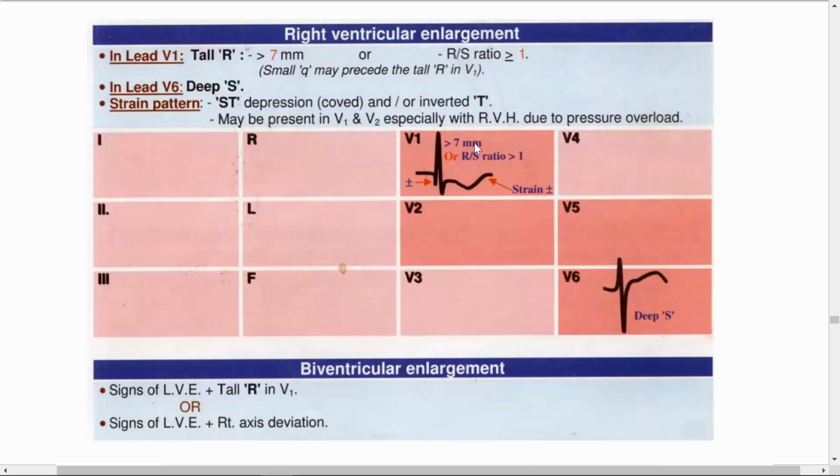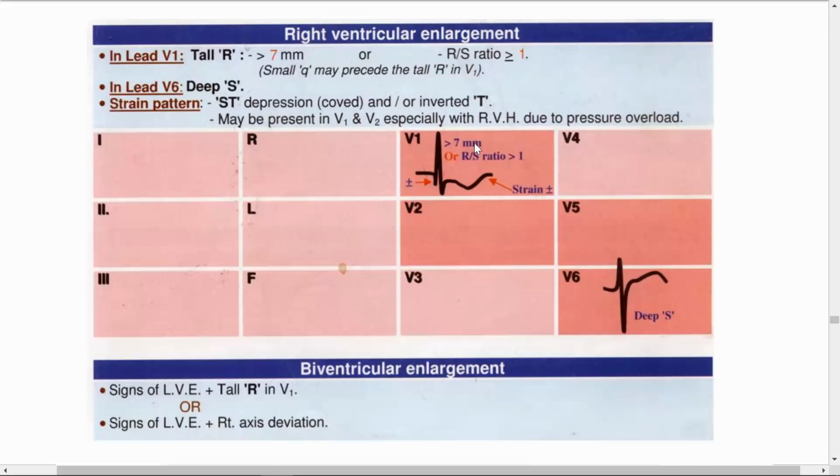Posterior infarction is diagnosed by tall R in V1 with ST depression in V1, 2, 3, and the only difference is the T. The T here in the RVH is inverted. The T in the posterior infarction will be upright as the evolving MI.